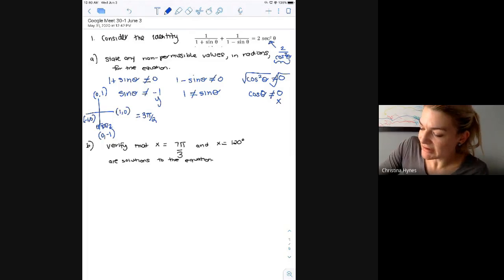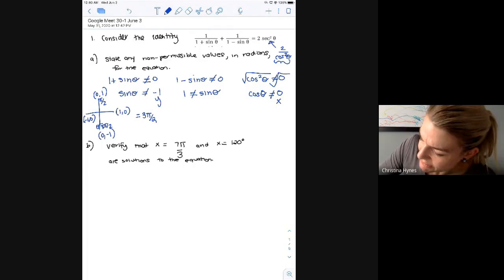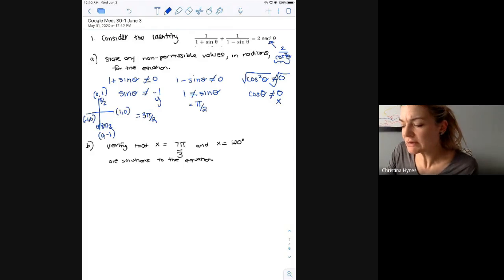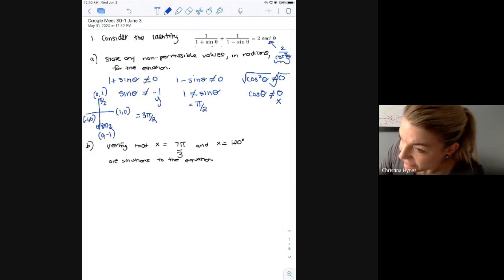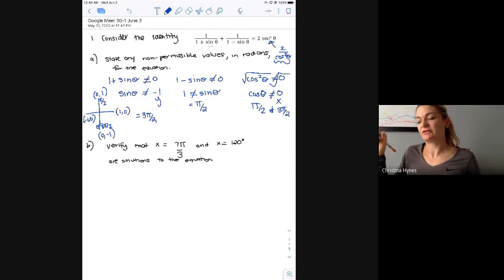The next one, we're looking at where the y coordinate is 1. The y coordinate is 1 at pi over 2, which is 90 degrees. And the last one, we're looking at where the x coordinate is 0. So that occurs at pi over 2 and at 3 pi over 2. Remember, pi over 2 is 90, 3 pi over 2 is 270.